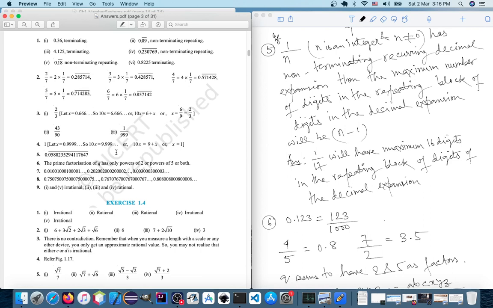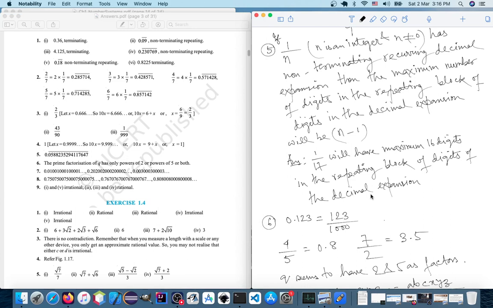So basically, 1 by 17 will be 0.0588235294117647.